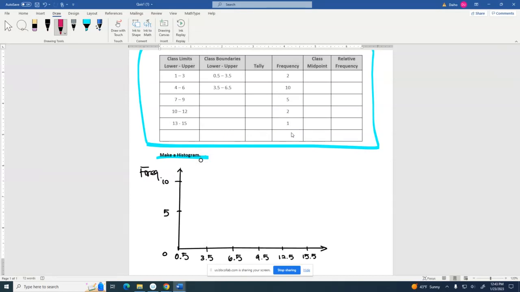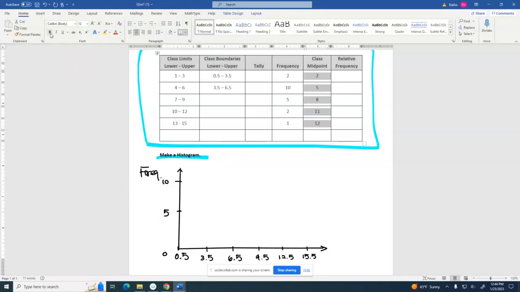So the midpoints must be 2, 5, 8, 11, 14. Am I right? I hope so. Yeah, thank you.